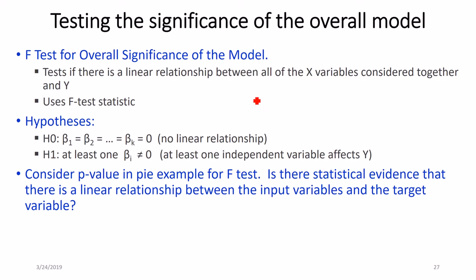The alternative hypothesis H1 is that at least one beta i is not equal to 0. Going back to the pie sales example, the p-value for the F-test is about 1.2%. So here we reject the null hypothesis.